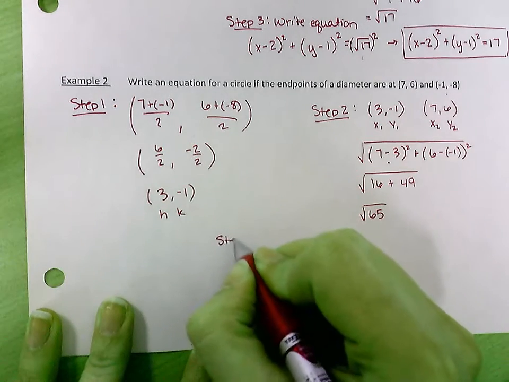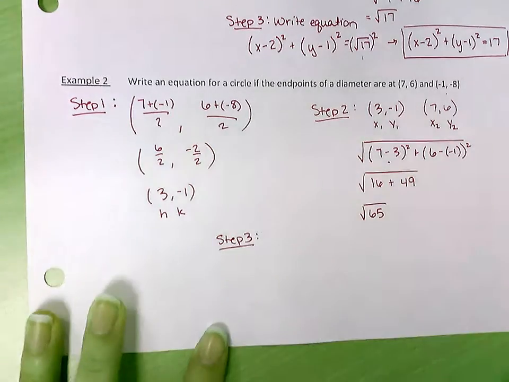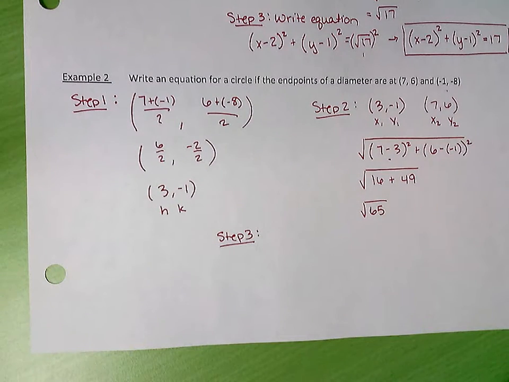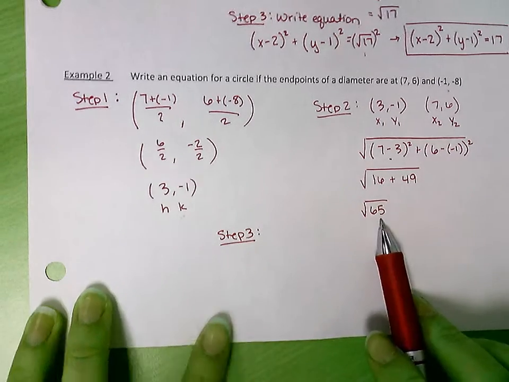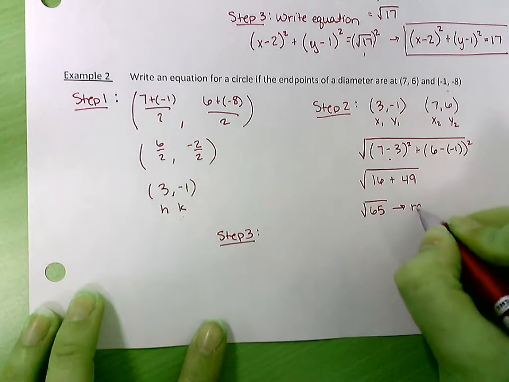Last step, we want to write out our equation. So we have to use h and k and this r that we found, this is your radius.